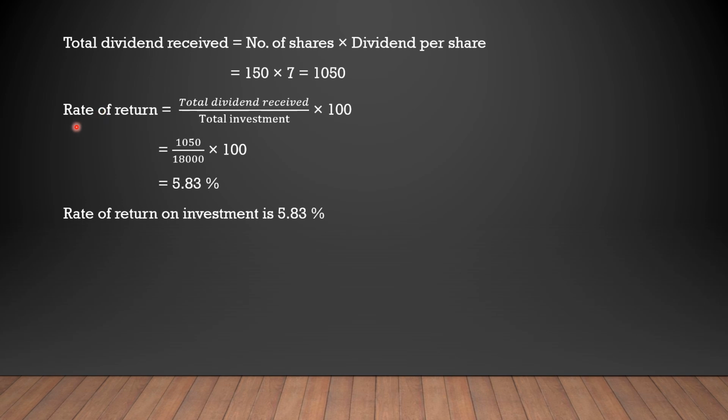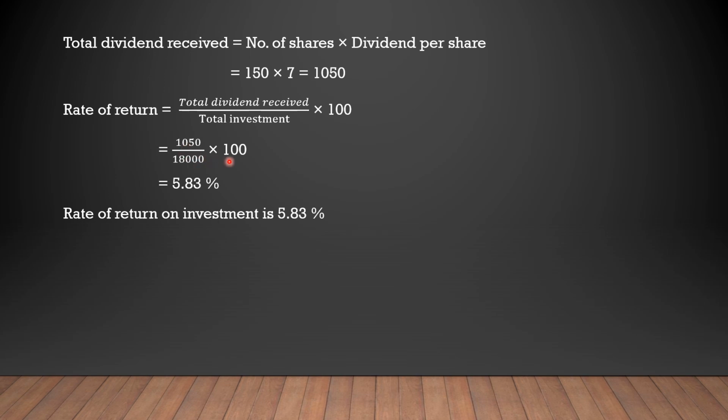Then we find rate of return. So rate of return is equal to total dividend received by total investment into 100. So total dividend received is 1050 and total investment is 80,000.